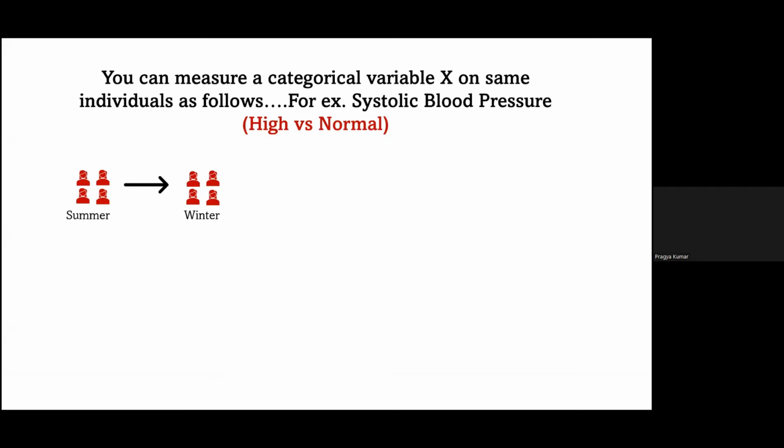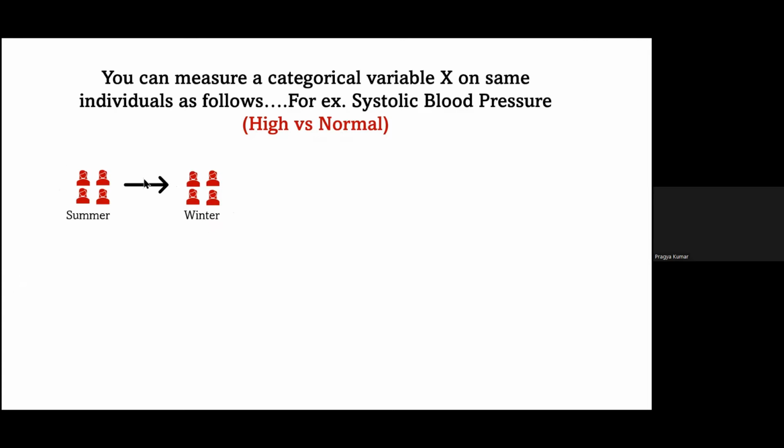So in this case, if I want to measure a categorical variable X on the same individual, like I have categorized systolic blood pressure as high and normal. I was giving this example that maybe I took 50 MBBS students and I measured their blood pressure in summer, and then again I measured their blood pressure in winter.